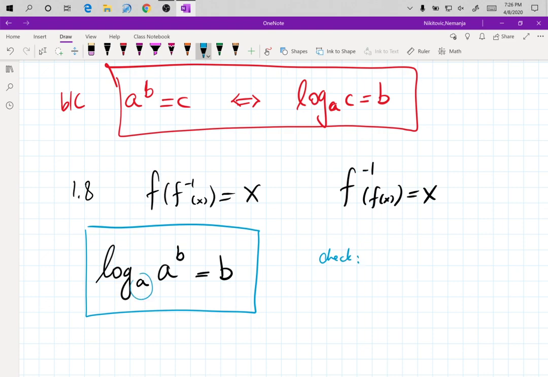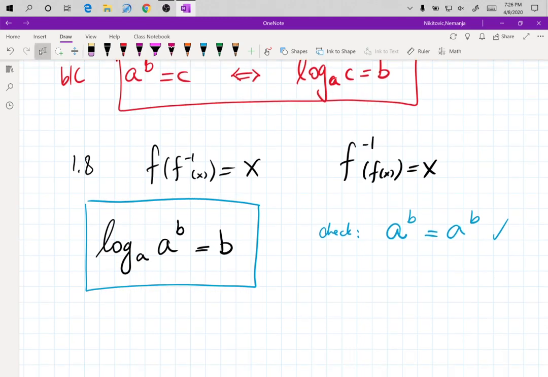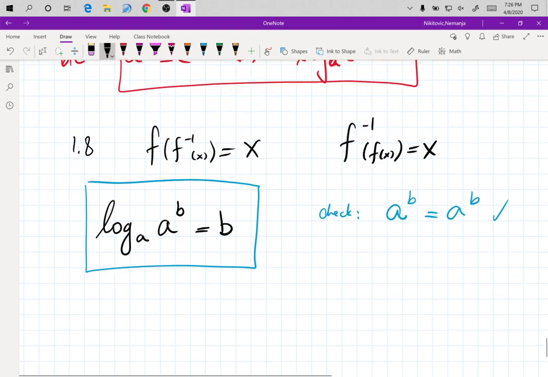Here is your a raised to the exponent b is equal to the result. Yay. We also have that a raised to the log base a of b is equal to b.